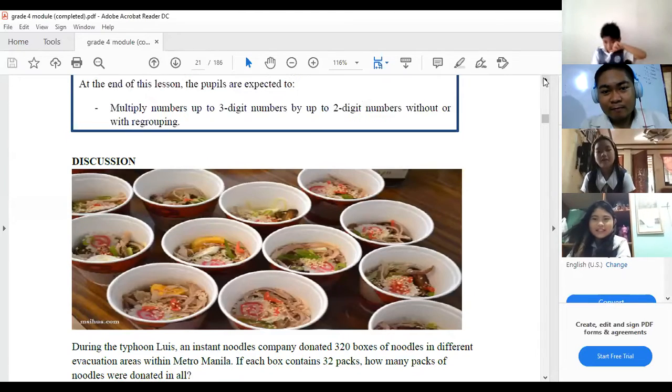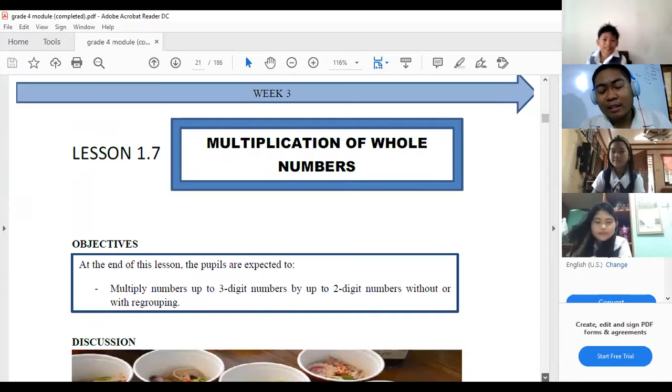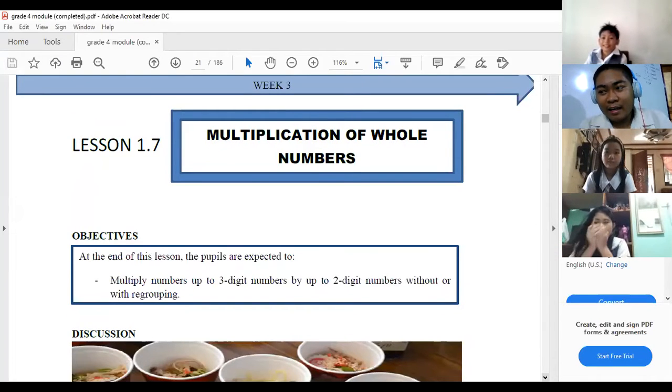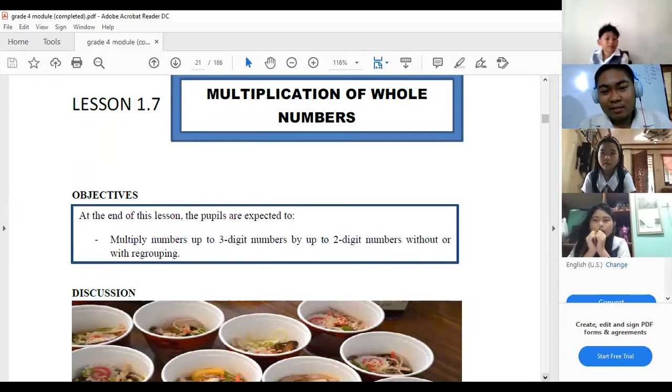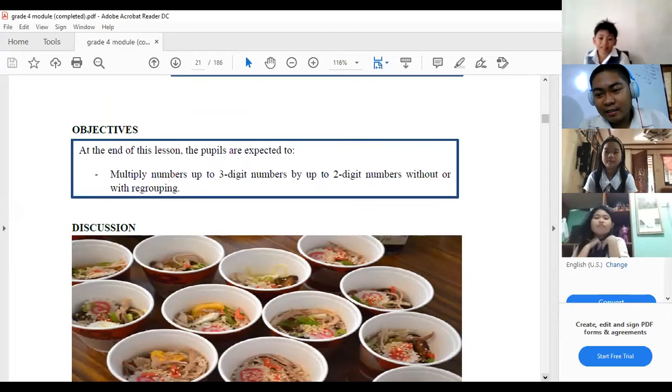Okay, so our lesson for today is all about multiplication of whole numbers. Does anyone know or memorize the multiplication table? Not all, teacher, but I memorized some of it.